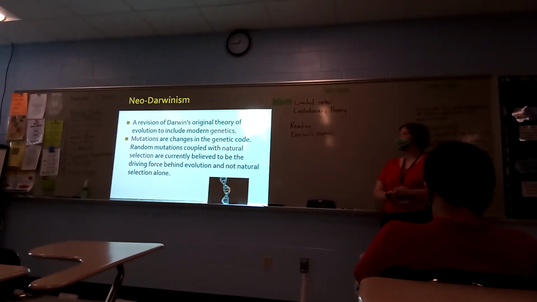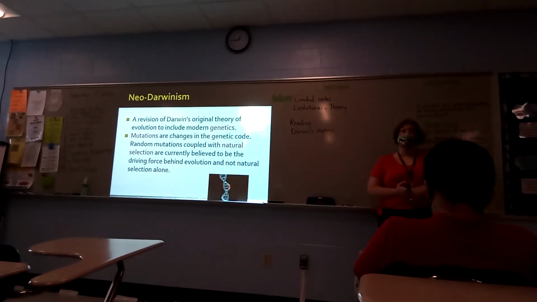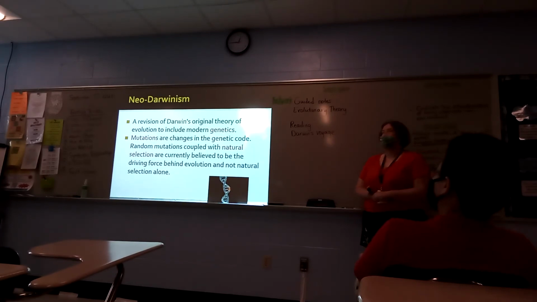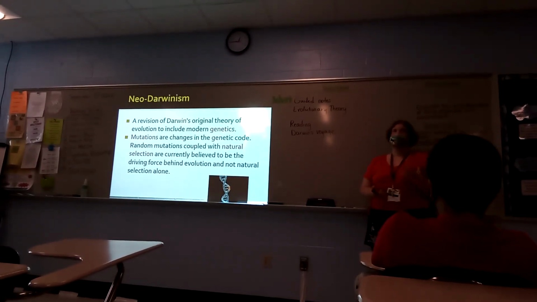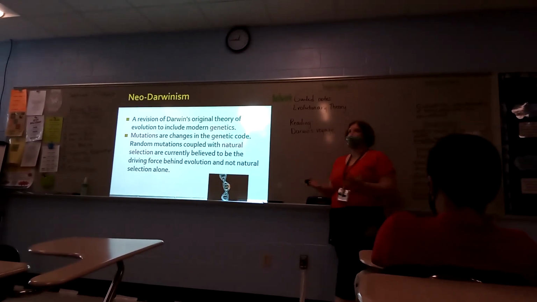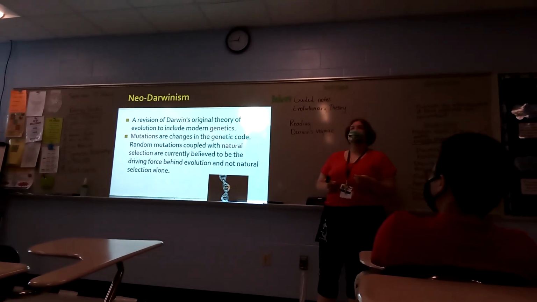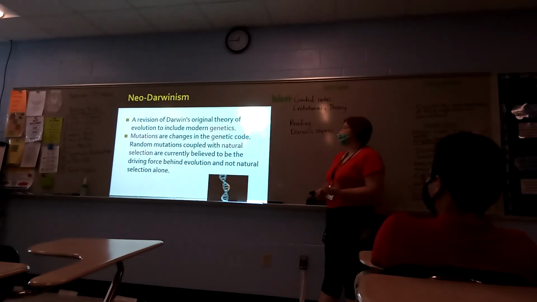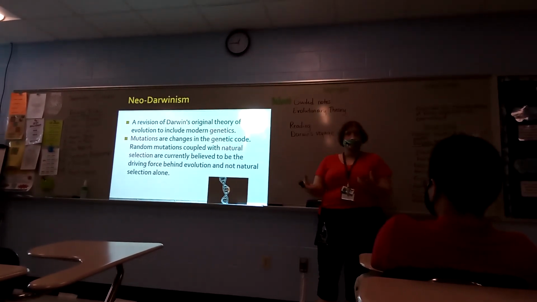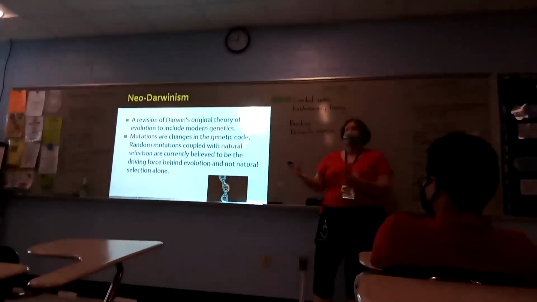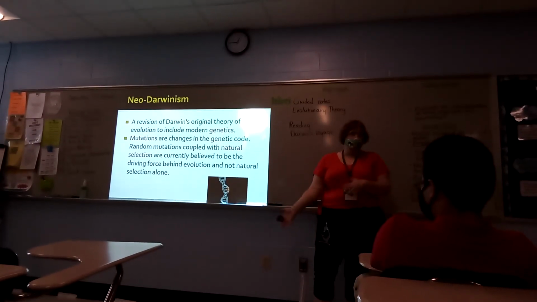DNA was not discovered until about 100 years after Darwin. So he had the ideas, but he did not understand how genetics worked. That's the only thing that completed the puzzle with evolution: once we figured out how genes work, we understood how these mutations occur to cause slight differences that give advantages to one bird over the other bird.